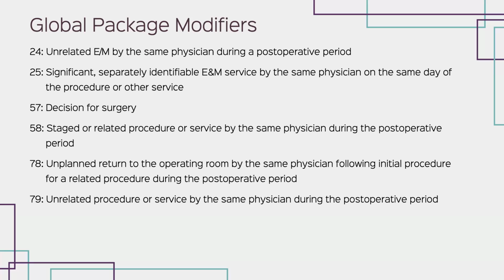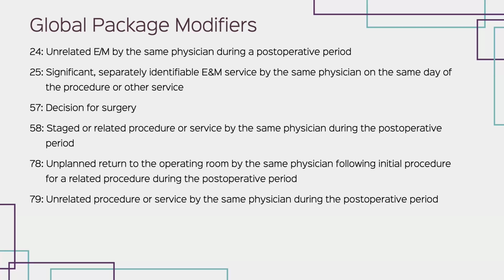During that post-op period, the patient injures their wrist and then returns to the orthopedic surgeon. Since the patient is already within that global day period for the knee during which your office visit is needed, then the orthopedic surgeon would append a modifier 24 to that office visit in order to indicate that it was unrelated to the knee surgery.